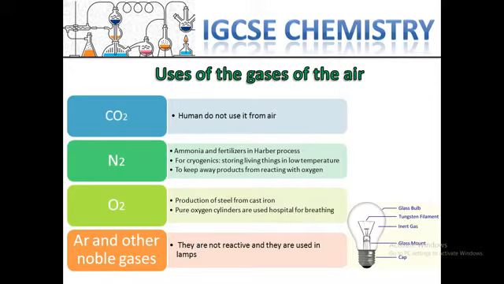And another one is argon and other noble gases. These types of gases are actually unreactive. And one example for use of this type of gas is the lamp. If you look at the lamp structure here, there is one tungsten filament.